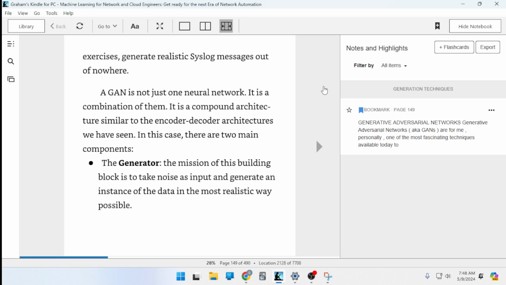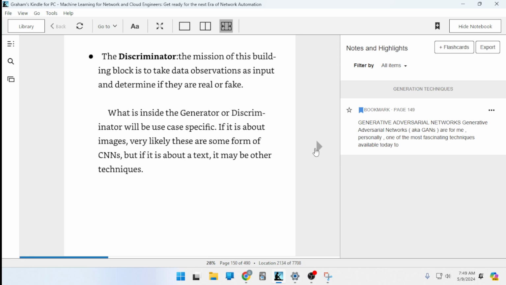A GAN is not just one neural network, it is a combination of them. It is a compound architecture similar to the encoder-decoder architectures we have seen. In this case, there are two main components. The generator. The mission of this building block is to take noise as input and generate an instance of the data in the most realistic way possible.